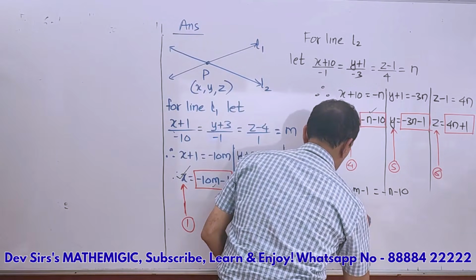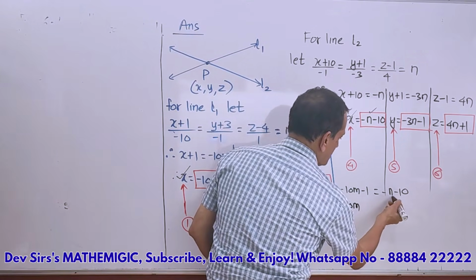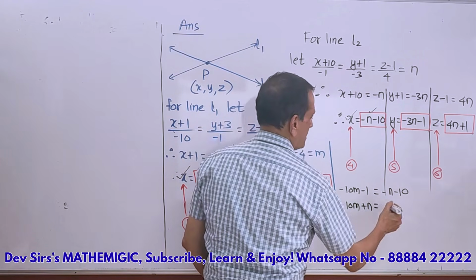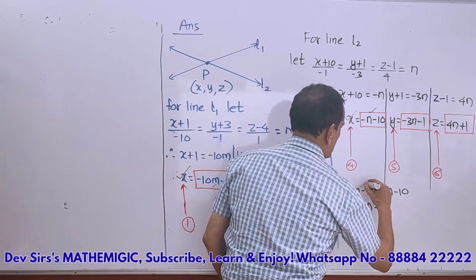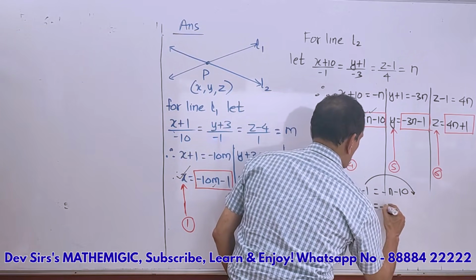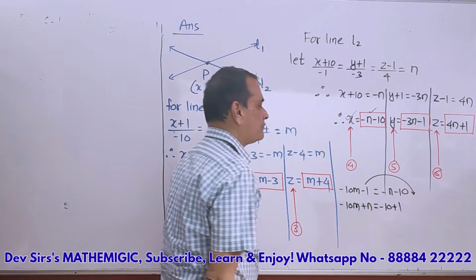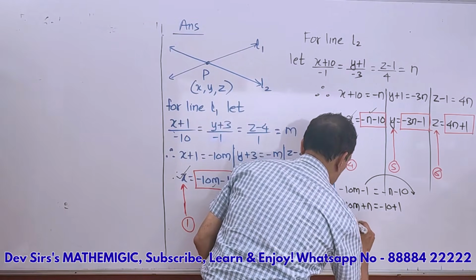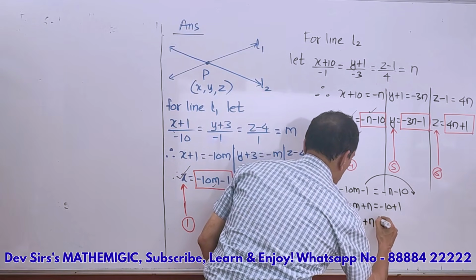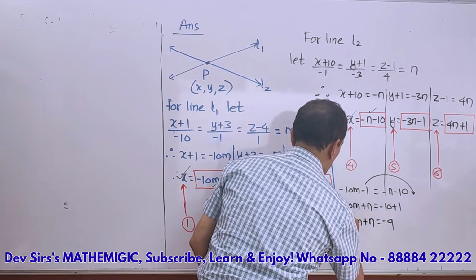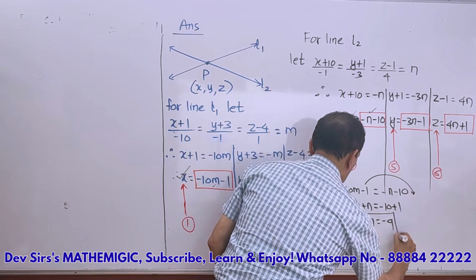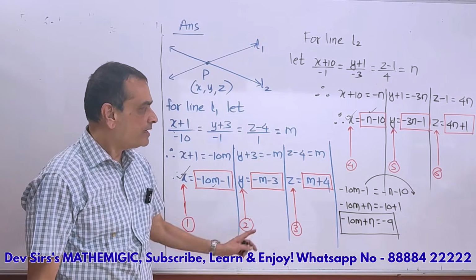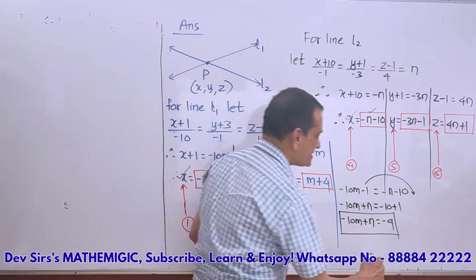So minus 10m plus n equals minus 10 plus 1. So minus 10m plus n equals minus 9. We had 1, 2, 3, 4, 5, 6, we'll call this equation 7.